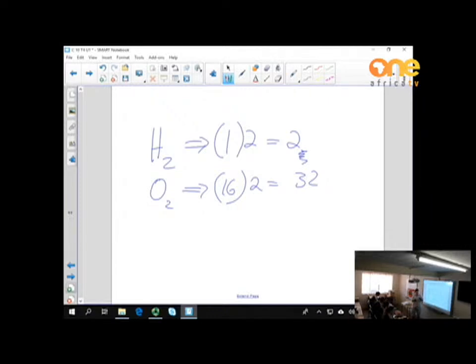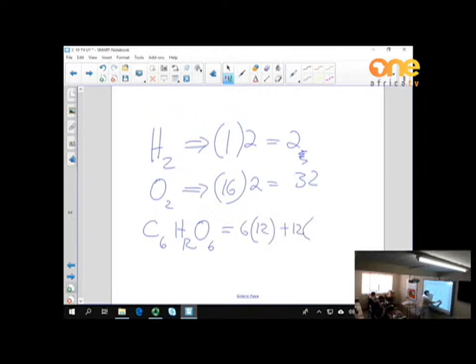Let's go and have a look at glucose. Glucose has a formula of C6H12O6. So, what will the relative molecular or formula mass be of glucose? How many carbons have we got? 6. The relative atomic mass of carbon is 12. How many hydrogens have we got? 12.